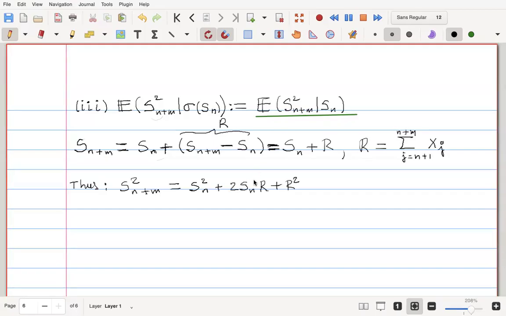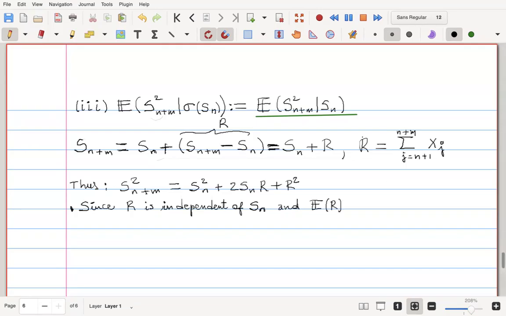Now, something that we need to see is that r is independent of Sn. So we're going to see here that since r is independent of Sn, and due to the fact that the expectation of r is 0, right?